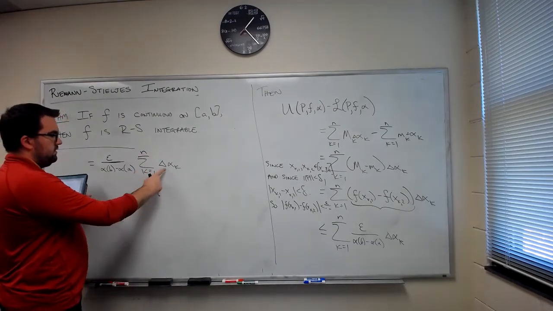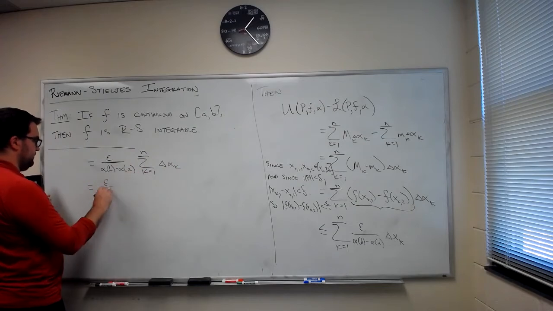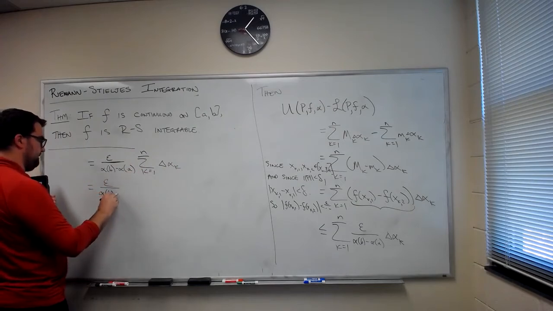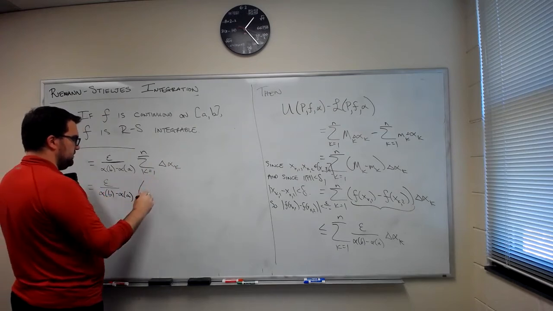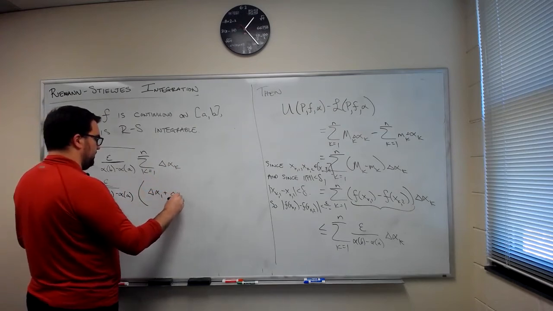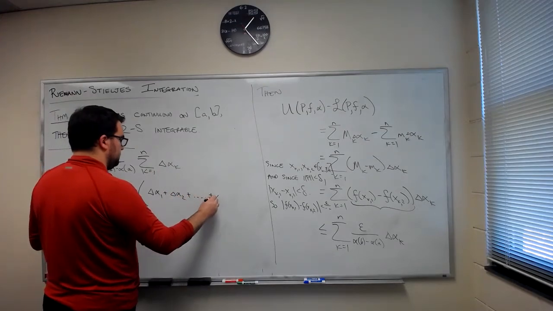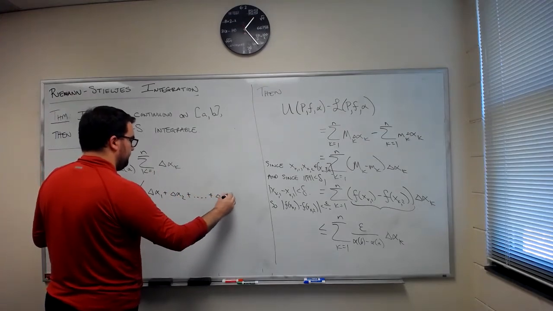And now this is where it might take a little thought, but if you actually write out the values here, this sum is a telescoping sum. So if I write out what this is, this is just delta alpha 1 plus delta alpha 2 plus all the way up to delta alpha n. Okay.